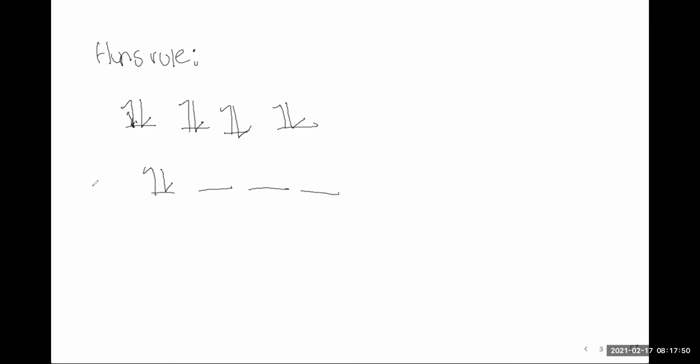So let's say that your electron configuration is 3s2. So we know that there are two electrons. You're never going to put those two electrons in that first orbital. You're going to make sure that you spread them out first.